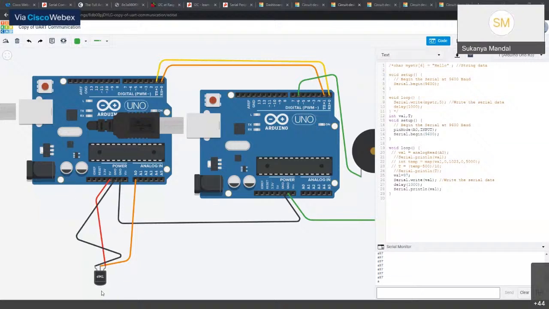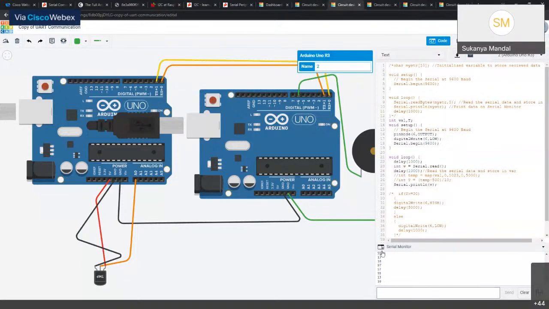So what's happening is this temperature sensor is receiving... sorry, it's the opposite way around. This is the transmitter. It is transmitting the values, and the temperature is getting logged in the serial monitor.